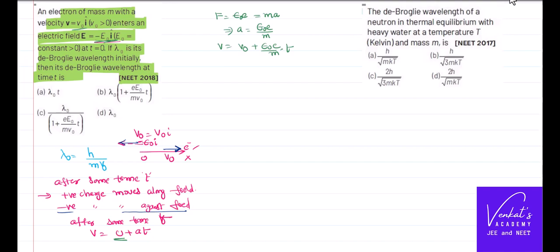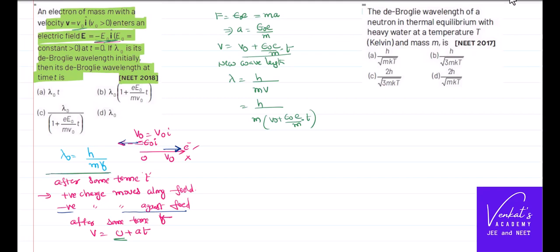Now its new wavelength, lambda equal to h by mv. H by m, in the place of v after some time we can write v naught plus e E naught by m into t. So I have to express it in terms of lambda naught.